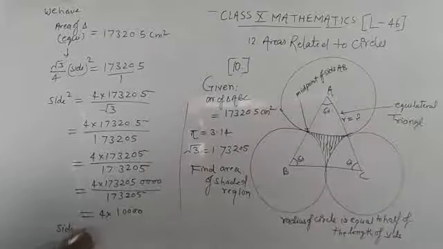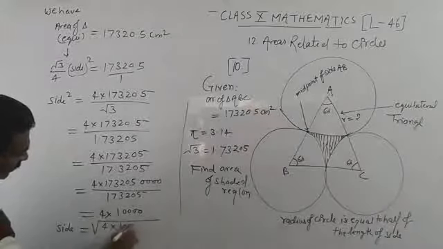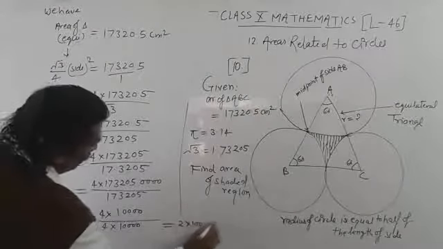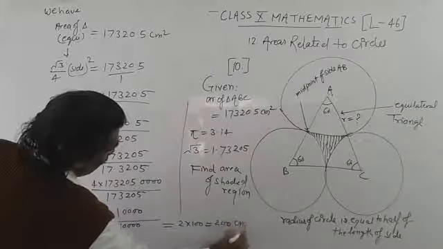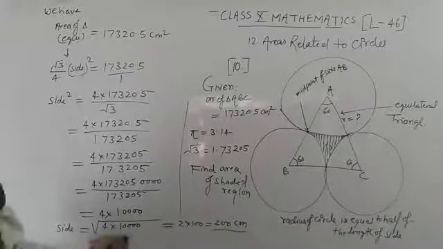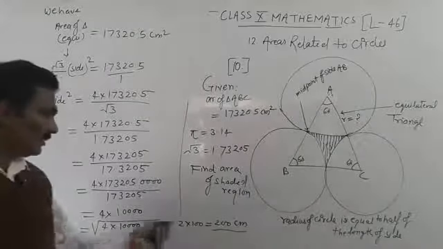Thus the side of the triangle is equal to under root 4 multiplied by 10,000. Finally it becomes 2 into 100, that is 200 centimeter. The square root of 4 is 2 and the square root of 10,000 is 100. Now 100 into 2, that is 200 centimeter.